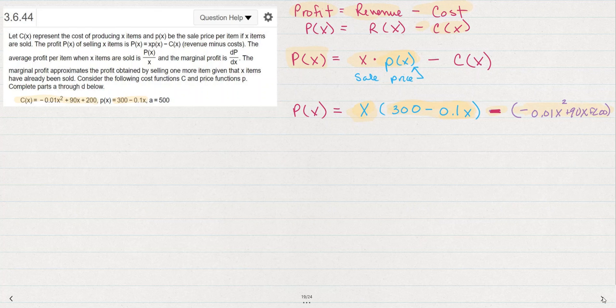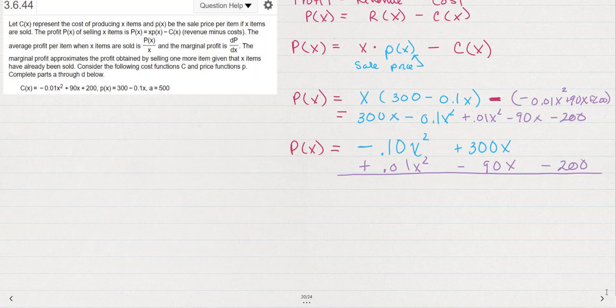I'm going to do this vertically. Let me show you what I mean by that. I'm going to simply distribute this x to get 300x minus 0.1x squared. And then when I subtract each of these, they all change to their opposite. So plus, minus, minus, right?